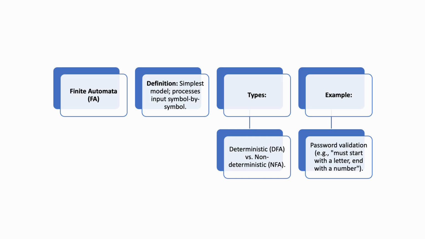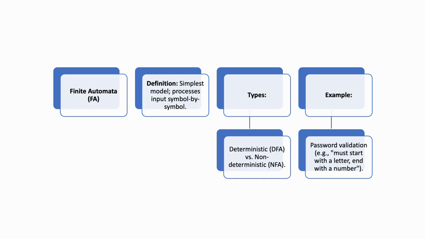If you don't insert a coin first, it won't give you the soda, no matter what buttons you press. Similarly, if the password does not follow the sequence of rules, letter first, number last, the DFA won't accept it. This makes DFAs incredibly useful for tasks like validation, where you need to enforce strict rules in a predictable way.